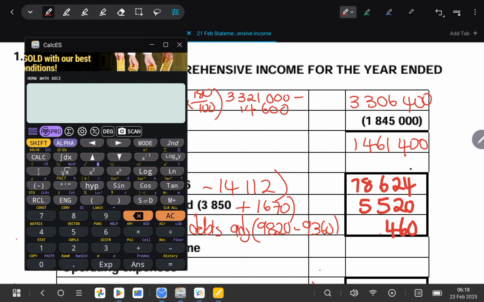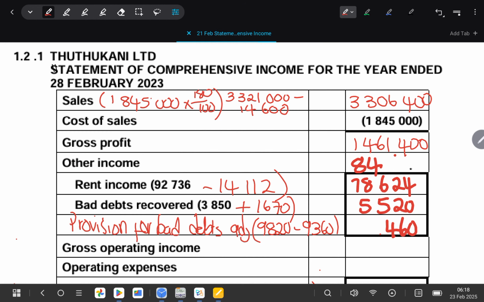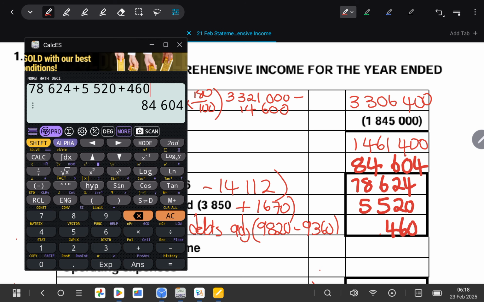And then from there, all we need to do is to get the total of our operating incomes. So we're going to say 78,624 plus 5,520, and then we also say plus 460. It gives us 84,604. I hope we are still together, guys.